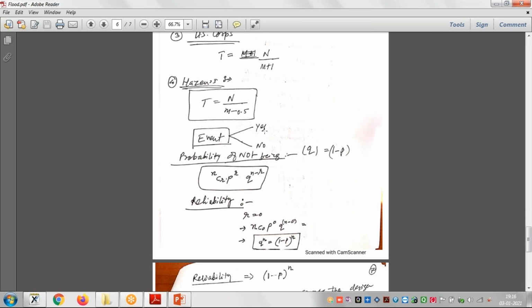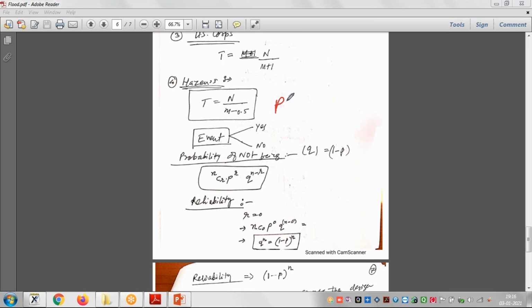Now, there is one more term. An event means that a flood may occur, and it may not occur, right? So here one term is the probability of not being occurred.